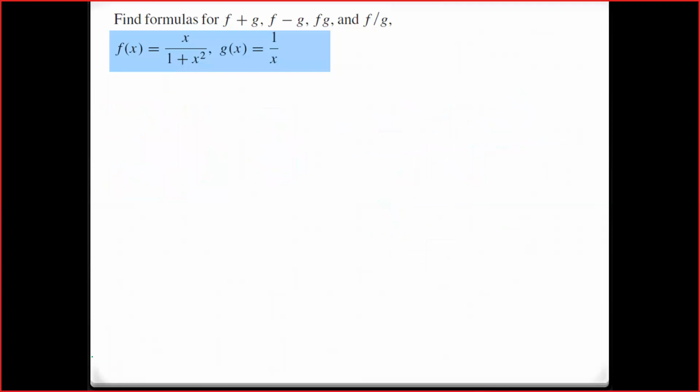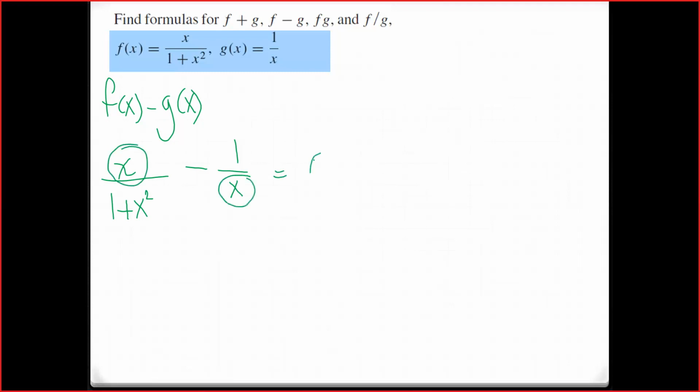Now, let's do f of x minus g of x. x over 1 plus x squared minus 1 over x. Here also, we have to do the same steps. We have to find the common denominator. x multiplied by x is x squared. But in the first step, we put a plus sign. Here now, I have to put a minus sign. So minus 1 plus x squared over, you multiply this one times this one.